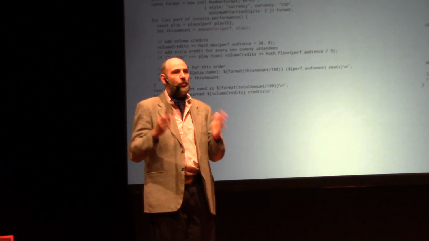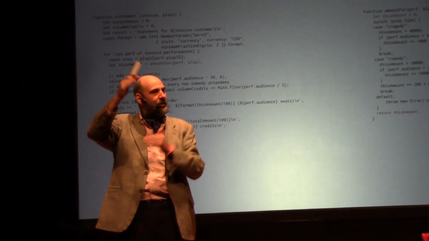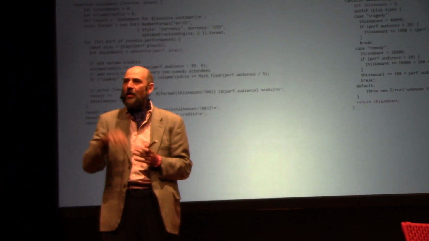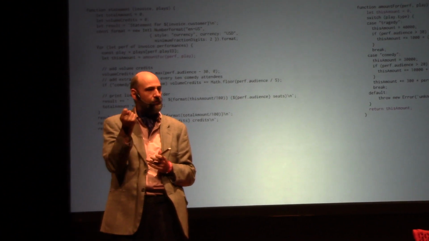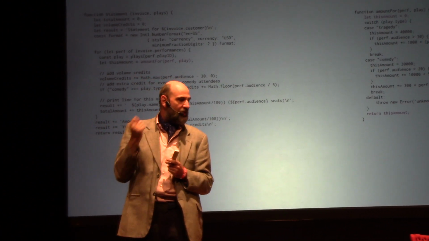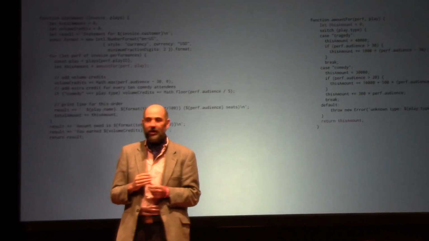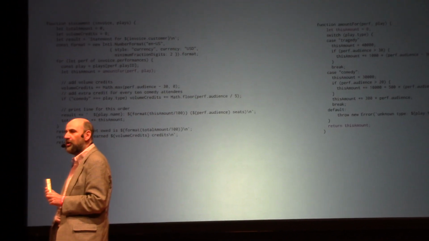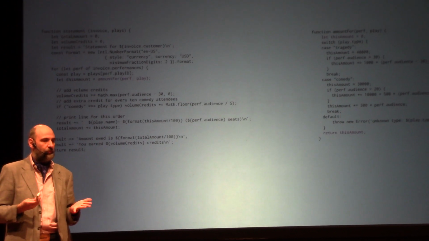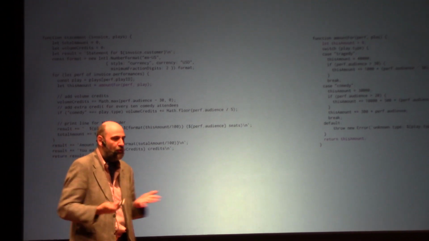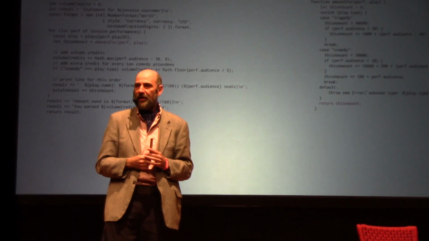A block that was kind of just indicated by blank lines and some conventions now actually becomes part of our program structure. And a very important part of this is naming the function to say what this function does. So in this case, I'm thinking it's the amount for a particular performance of the play.